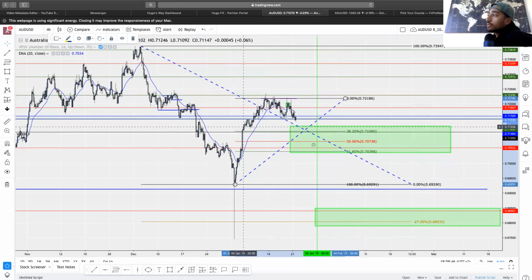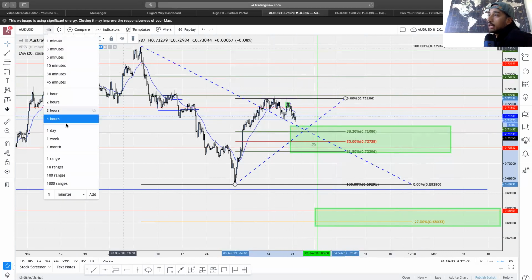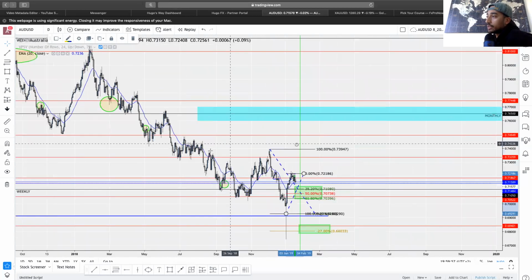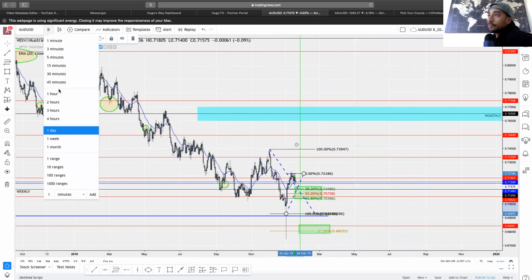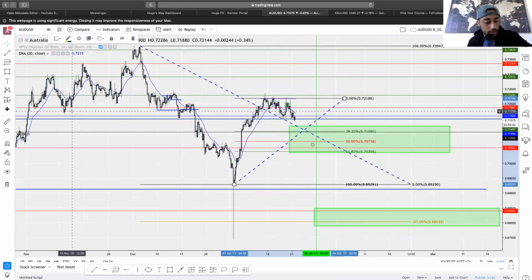I am in favor of the sell more than I am that it will just get to 38.2 and then go. But you just have to protect your earnings, because look how much this is pulling down and for how long it's been doing this. So I guess we'll see as time goes on.